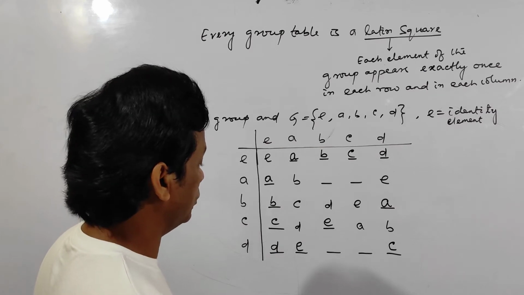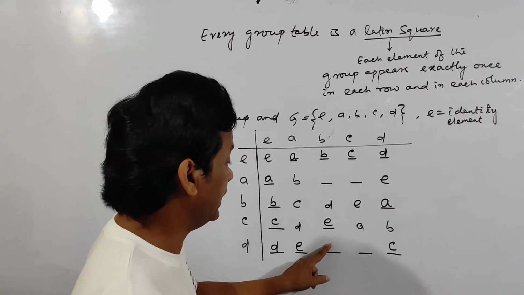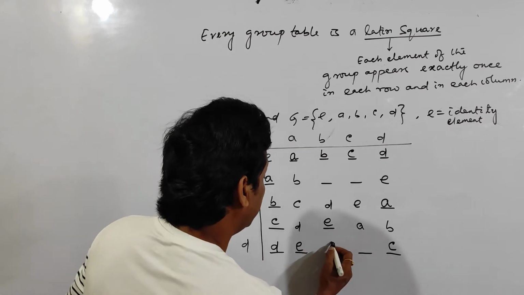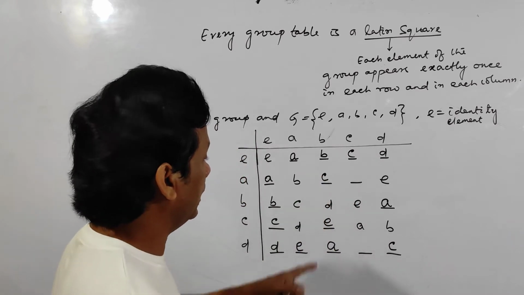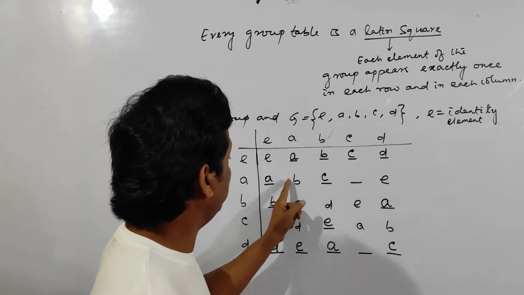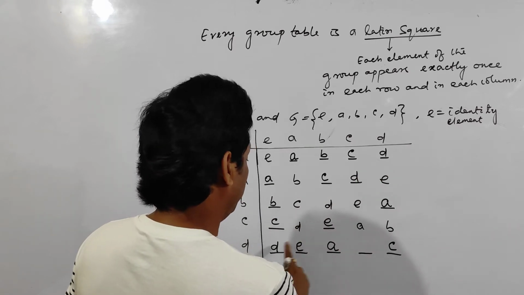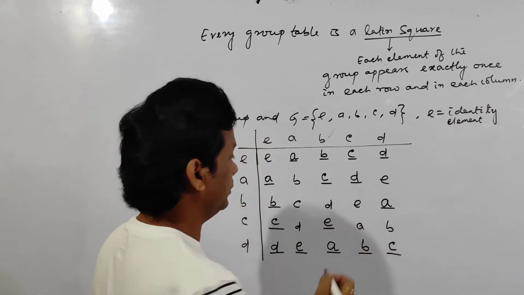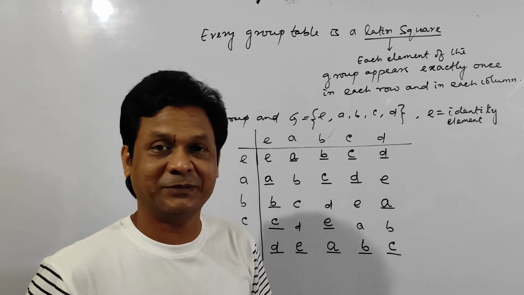A and C are not there. But C is here, so you cannot write C here. So you have to write A here. And we have to write C here. And now in this case A, B, C, D. Here A, B is not there, so B. So we have completed. So this is the magic of Latin square.